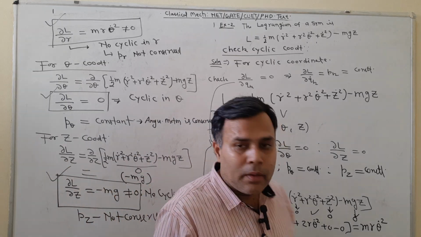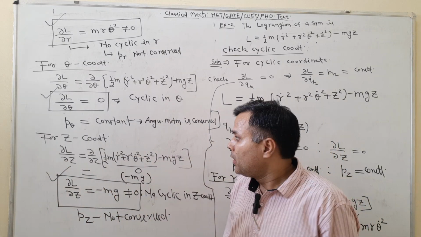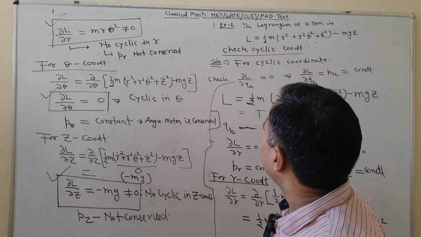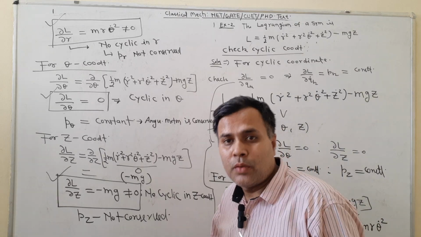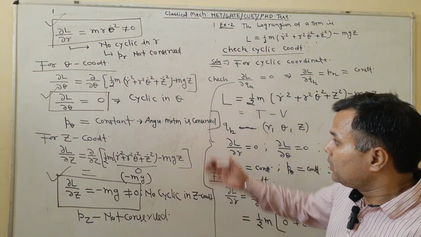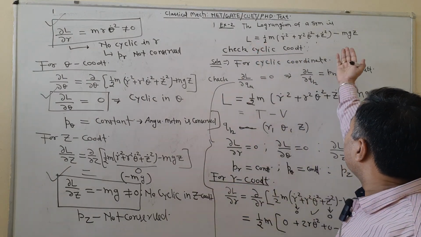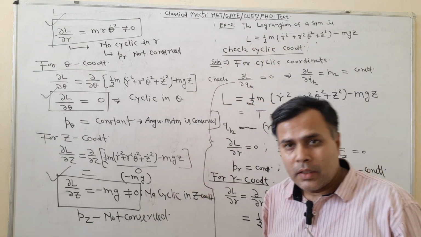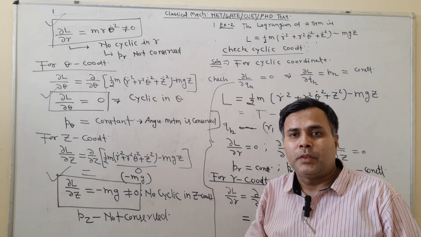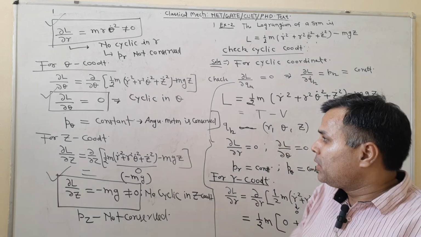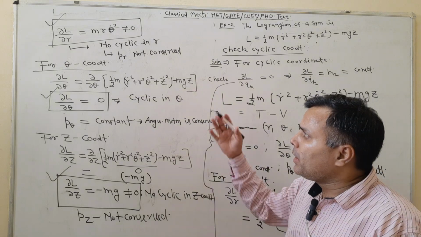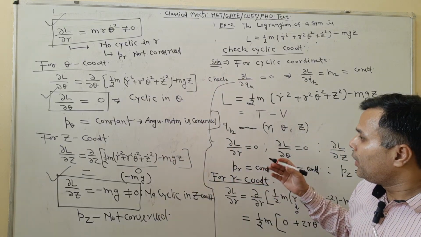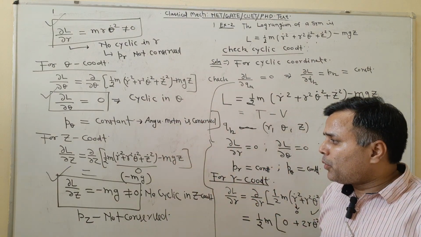There are n number of ways through which one can ask questions, because this is a very complex profile of Lagrangian. Corresponding to this complex profile, we can find out the different parameters. We can evaluate del L upon del theta, del L upon del r, del L upon del z, and the corresponding momenta.